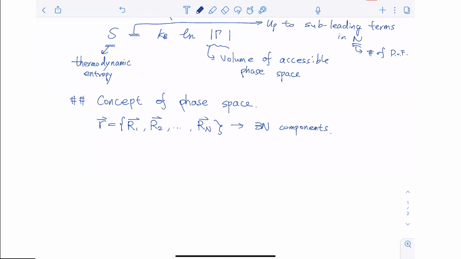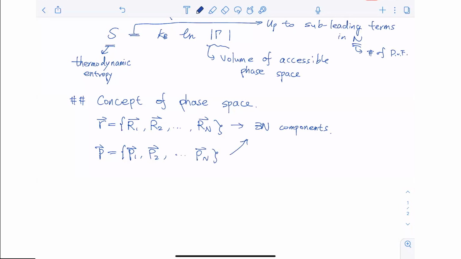And in addition to the position, in order to predict the motion of our system at the microscopic level, we also need to specify the momentum of each particle: the momentum of the first particle, the second particle, to the momentum of the Nth particle.